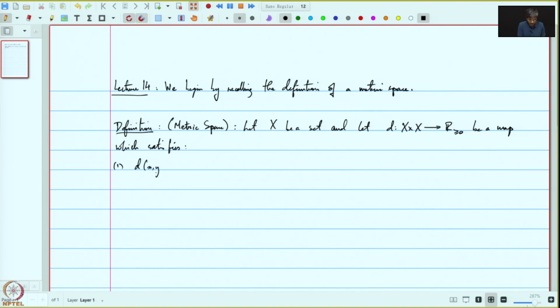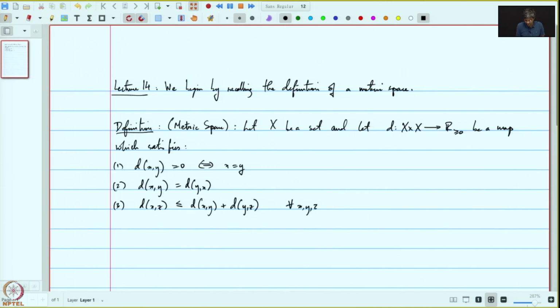d of x comma y is equal to 0 if and only if x is equal to y; d of x comma y is equal to d of y comma x; and d of x comma z is less than or equal to d of x comma y plus d of y comma z, for all x, y, z in X. The first two hold for all x, y in X. This is called the triangle inequality.